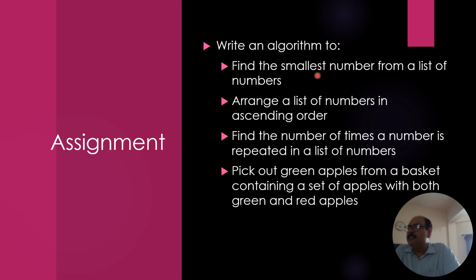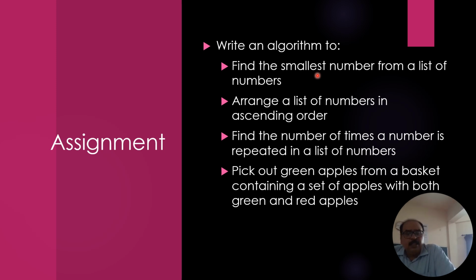You understand? The third problem requires 2 inputs. The first problem and the second problem is only a list of numbers. The third problem, you need to have another number also, and you need to check how many times that number appears in the list. Are you able to understand? Is there any doubt in understanding these questions?